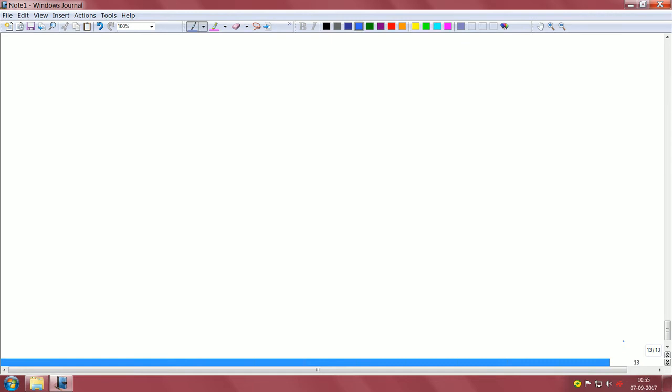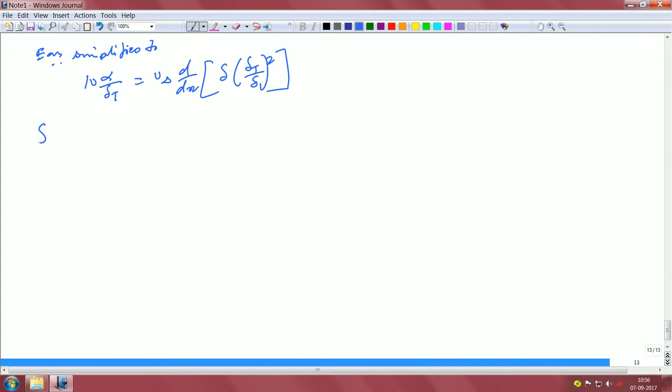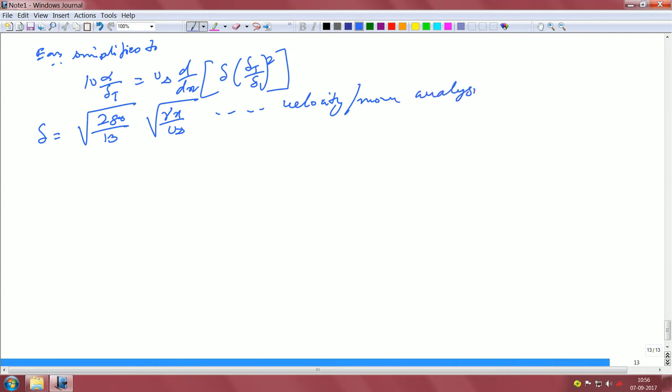So, based on that, the equation simplifies: 10 alpha over delta t is equal to u infinity d by dx of delta t by delta squared, close bracket. We already know that delta is given by 280 by 13 gamma x by u infinity, that comes from the velocity or momentum analysis that we did.